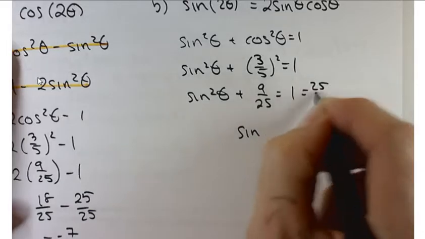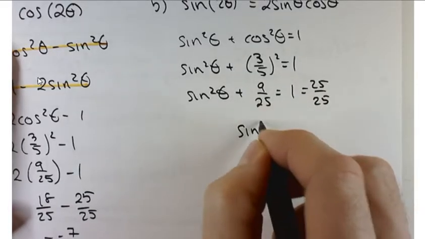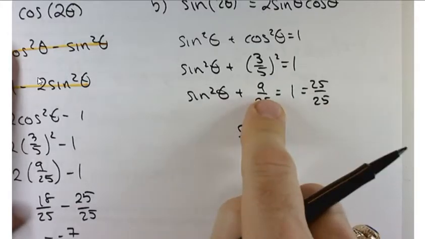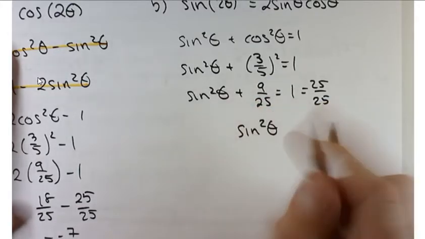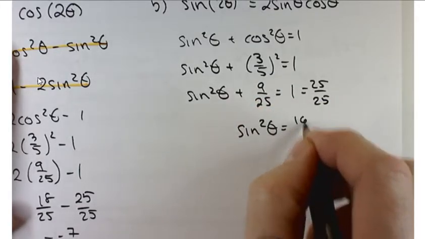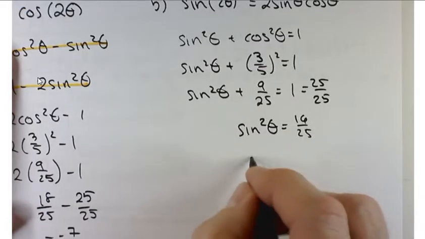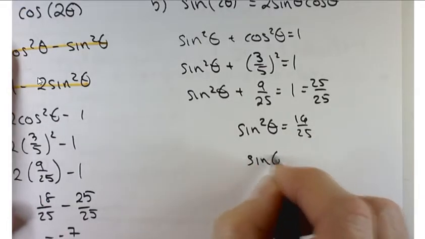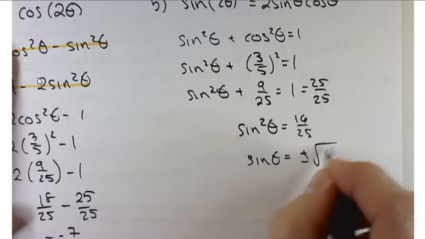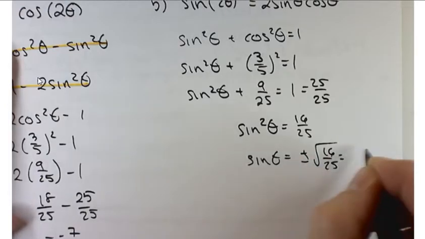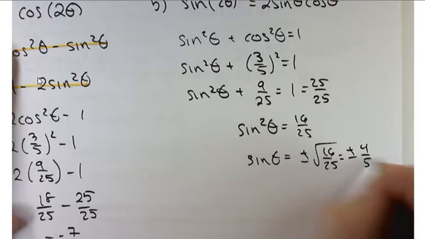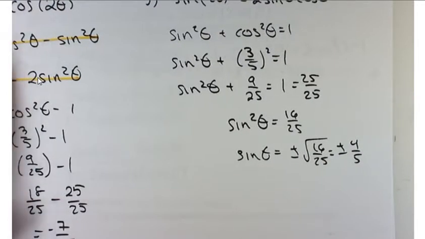Call that 25 over 25. If I subtract 9/25 from both sides, then on the right-hand side I get 16 over 25. Sine of theta is going to be plus or minus the square root of that, which is plus or minus 4/5. Now they told you something that's relevant now, that theta was in the first quadrant. So yeah, you want to choose the positive one.